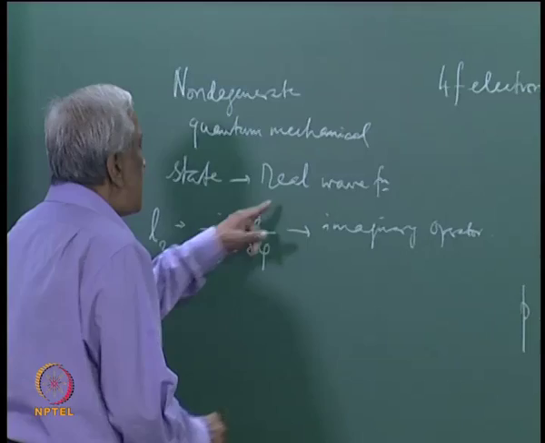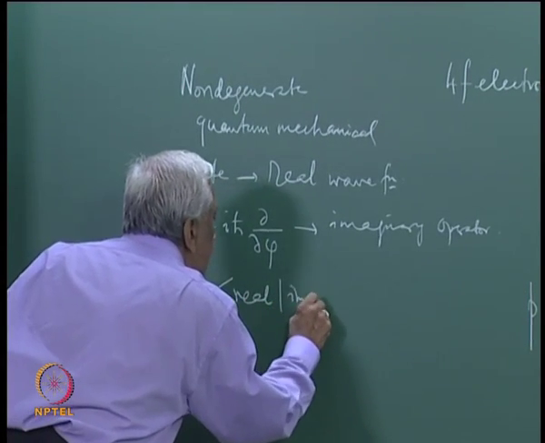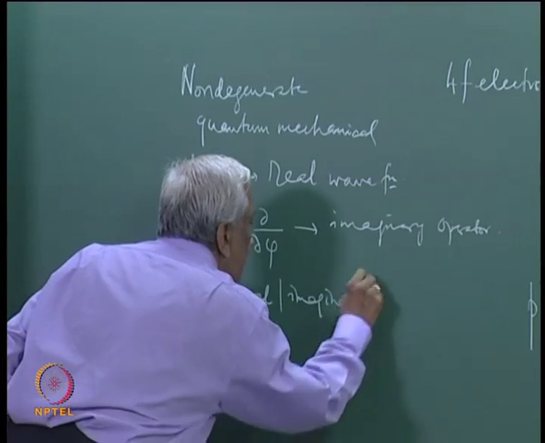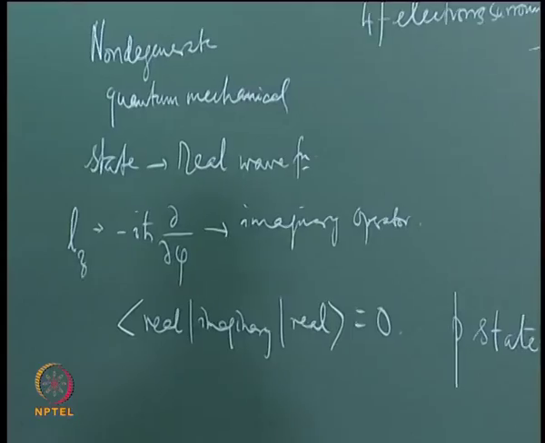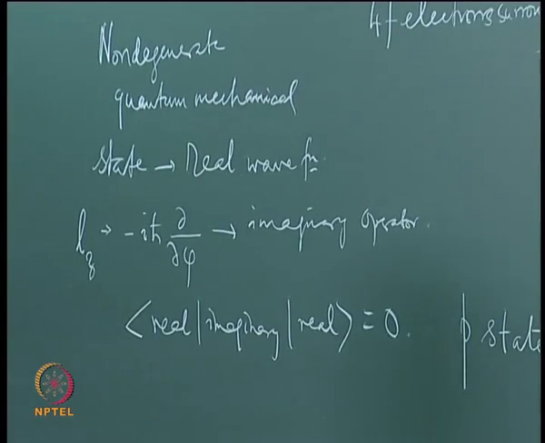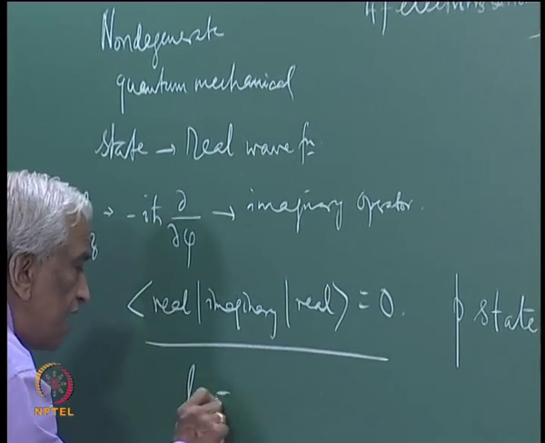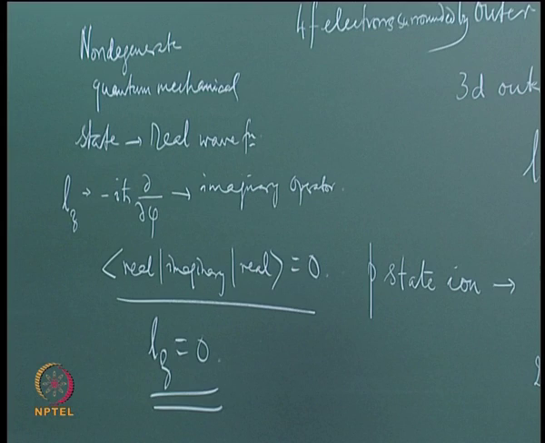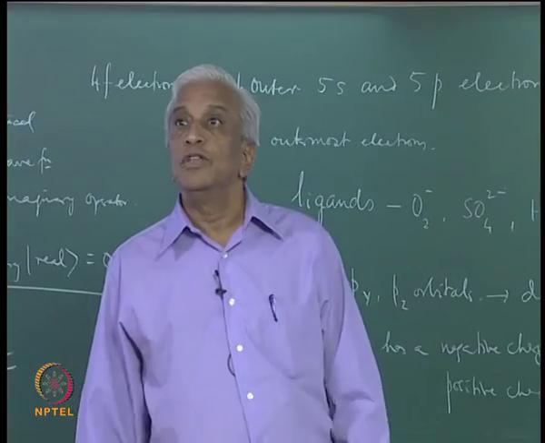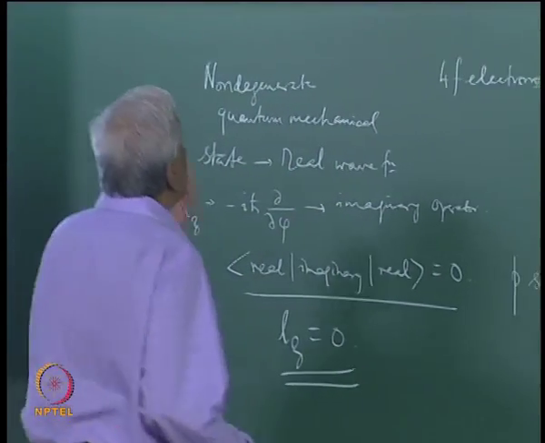So, if you have an imaginary operator with a real function, this will be 0. So, the eigenvalue will be 0. So, the eigenvalue of Lz vanishes for such a system, and therefore, the paramagnetic moment is identically equal to 0. So, the orbital angular momentum for such a state is said to be quenched.